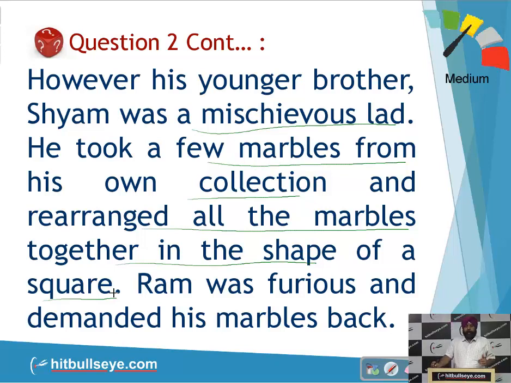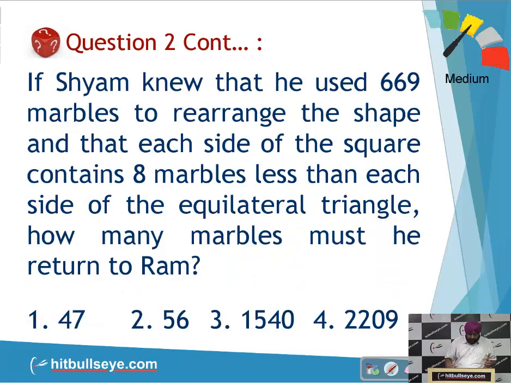His brother Sham added 669 marbles to arrange the shape of a square, but Ram wanted his marbles back. Here comes the question. If Sham knew that he used 669 marbles to arrange them into the shape of a square, and each side of the square contained 8 marbles less than each side of the equilateral triangle, how many marbles should be returned to Ram?